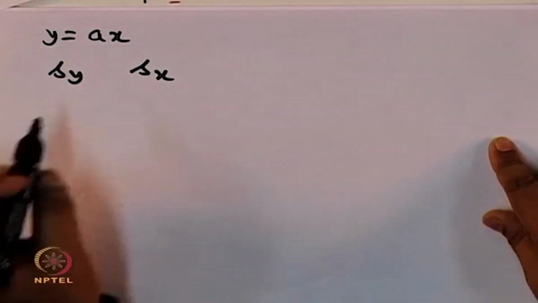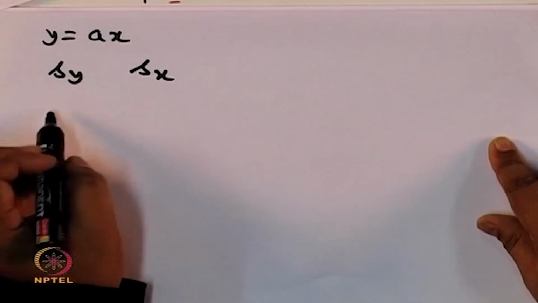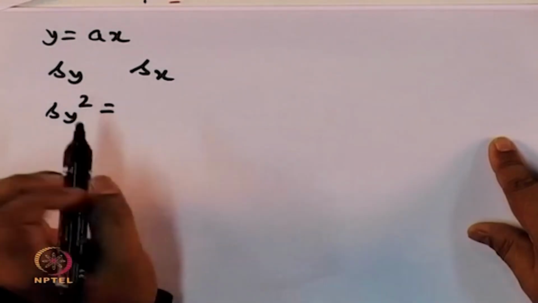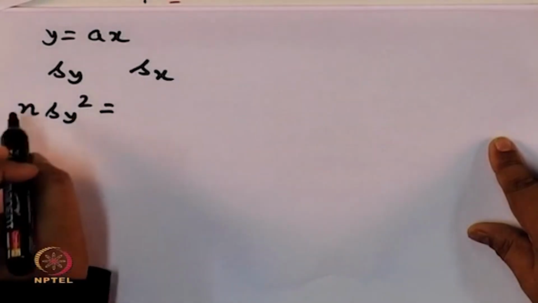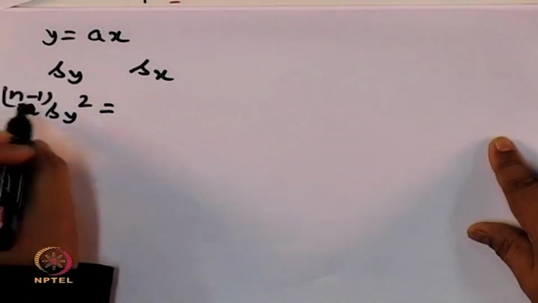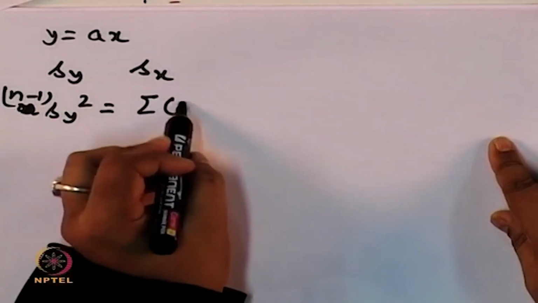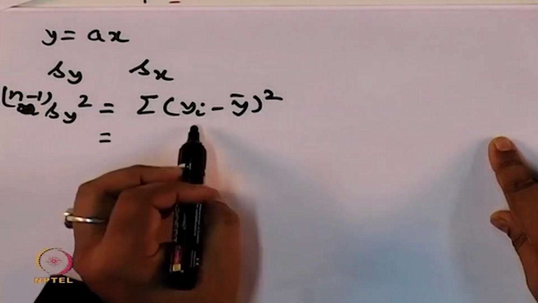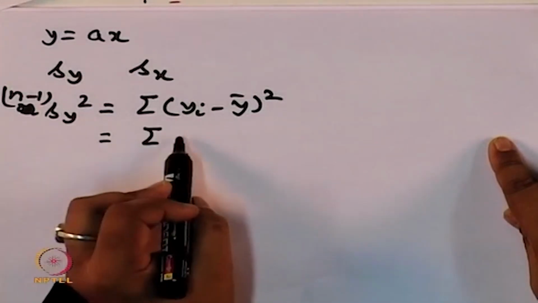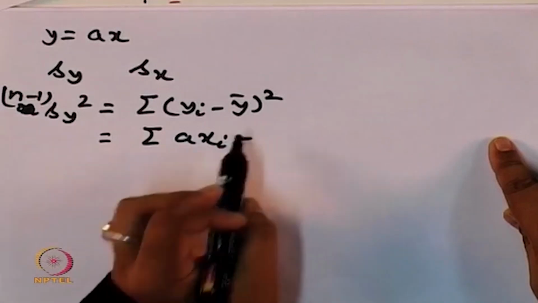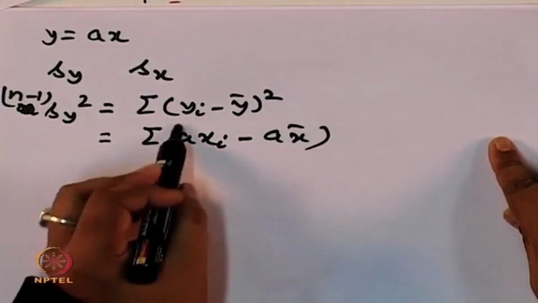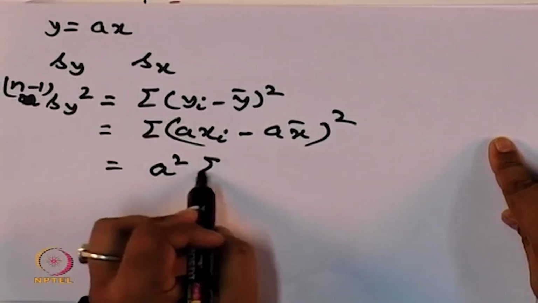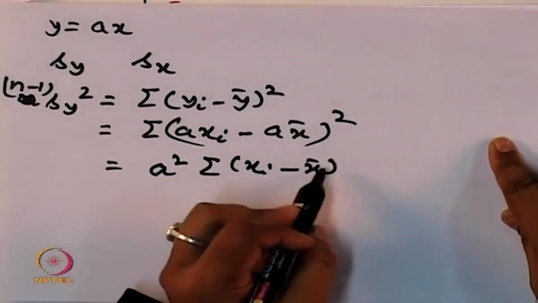Okay. So, the way to do it, I know my sy, so let us say n minus 1 sy square is nothing but summation yi minus y bar whole square. Now, yi is a xi and y bar is a x bar, so a can be taken common: a square into summation xi minus x bar whole square.